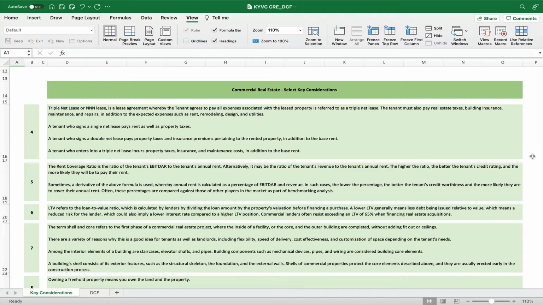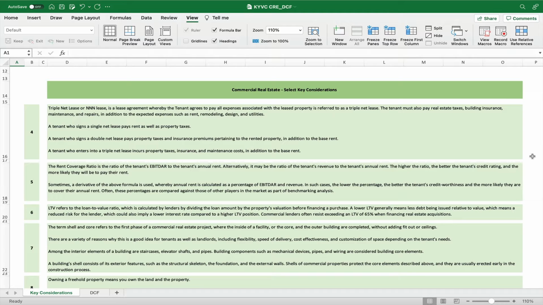Okay, and these expenses are not just rent and utilities and fit outs. All the expenses include taxes, servicing, maintenance, insurance, etc. So a triple net lease is one whereby the tenant is responsible for all expenses pertaining to the property.